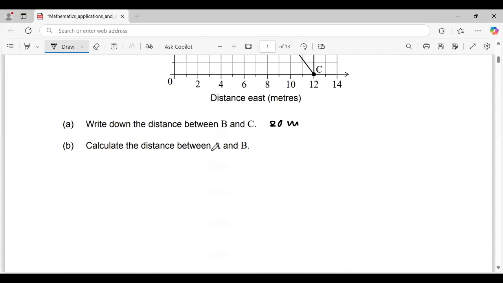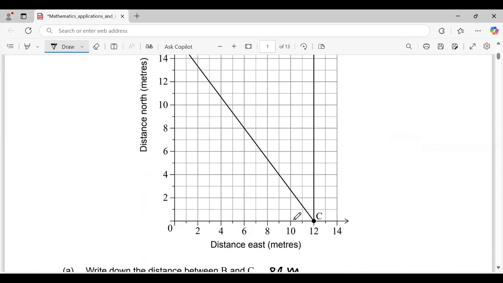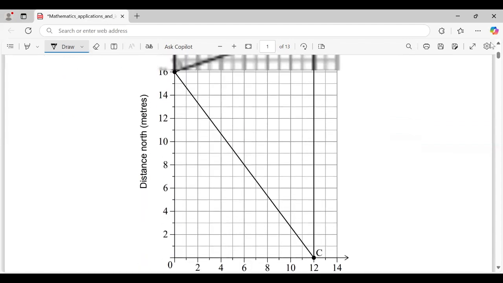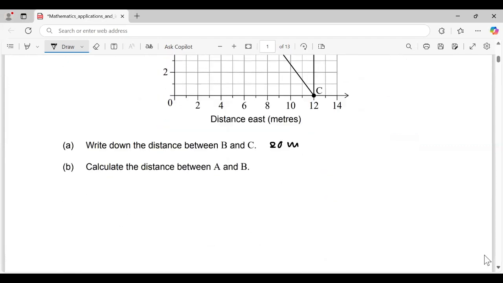Calculate the distance between A and B. We're going to use Pythagoras, the hypotenuse. This is 12 and this is 4.